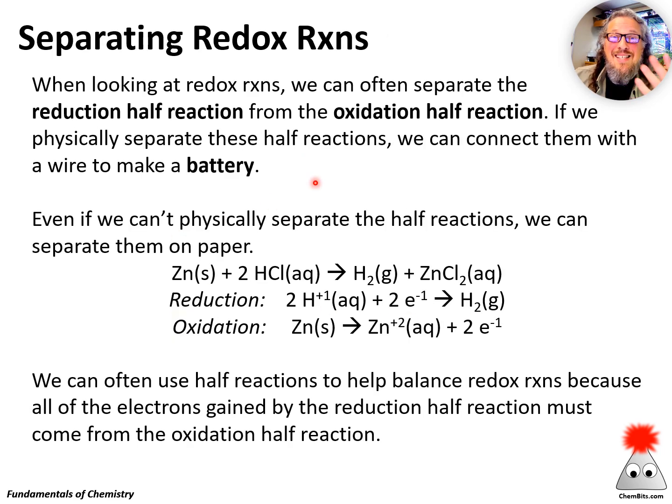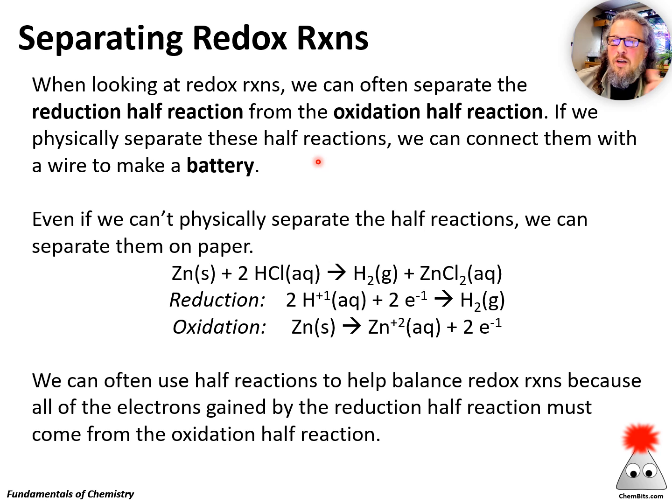One of the really nice things about redox reactions is that we can actually separate the two processes. In many cases, we can physically separate the two processes that are going on. And if we connect those with a wire, we just made a battery. Because what do batteries do? Batteries supply electricity. Electricity is just moving electrons.